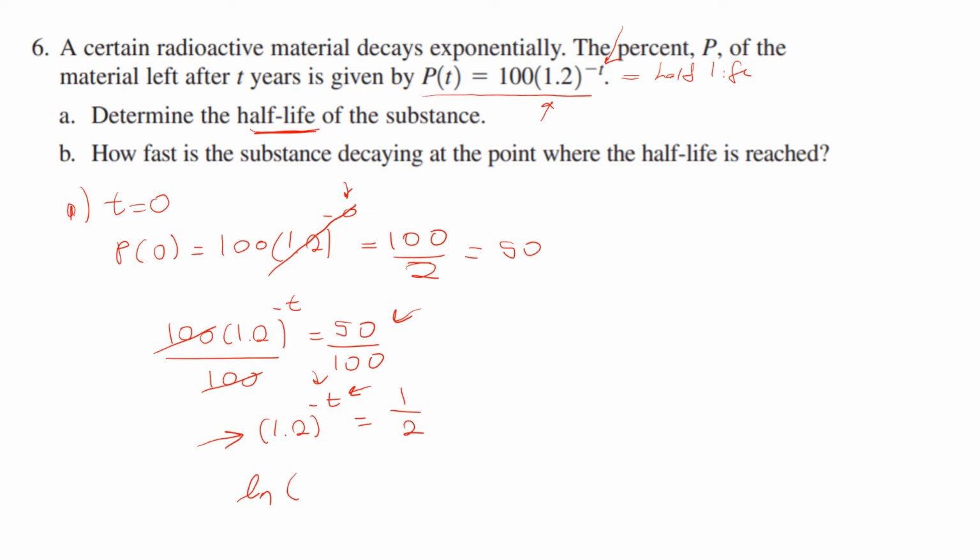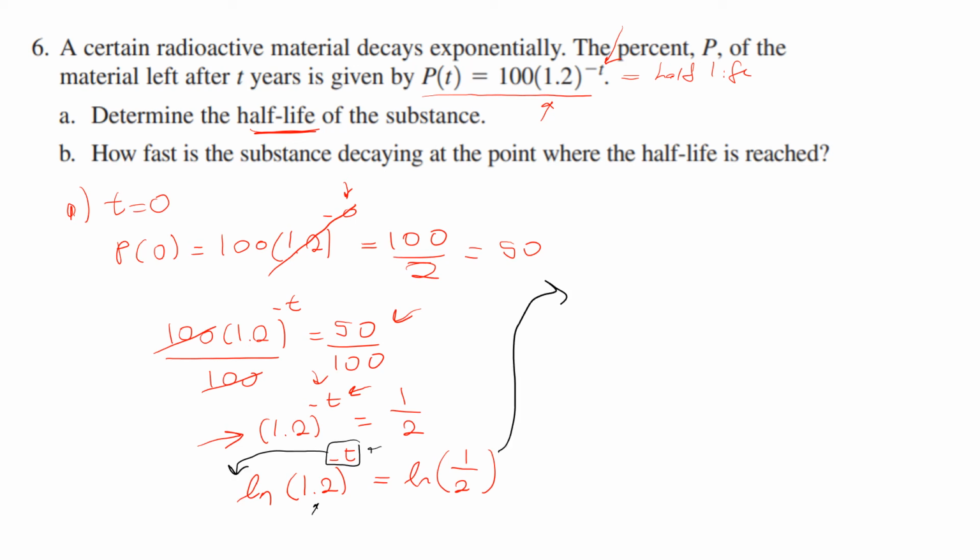So I take the ln of 1.2^(-t), and I take the ln of 1/2 too, because I need to take the ln of both sides. There's actually a property where when you have ln and a value to a power, you can bring this power to the front of the ln.